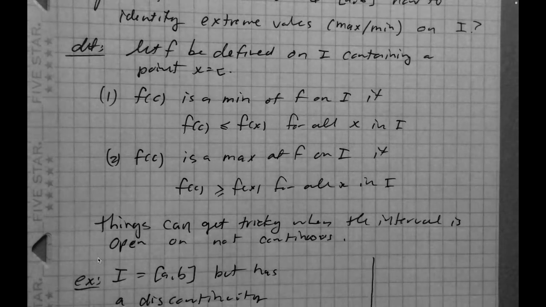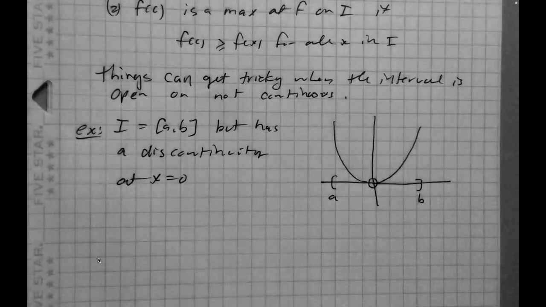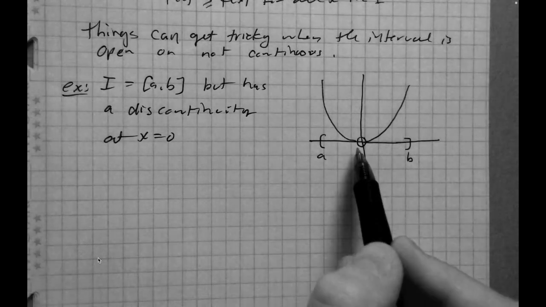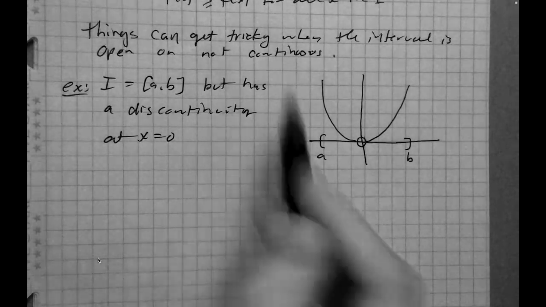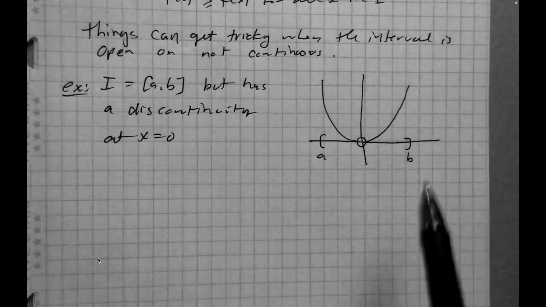Okay, so let's see what this looks like. So here's a sample. We've got a discontinuity at x equals 0, and then it looks like this maybe. And then we'll say a is here and b is here. So normally the minimum would be at 0, and just take this visual at face value. Assume that it does come down like the graph of x squared or something.